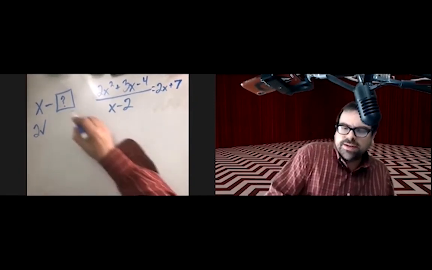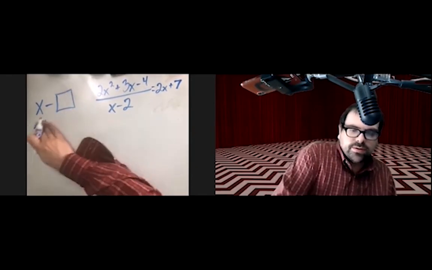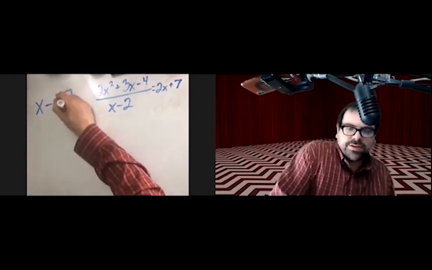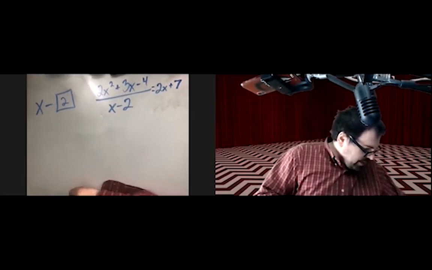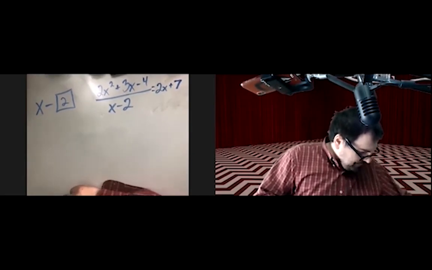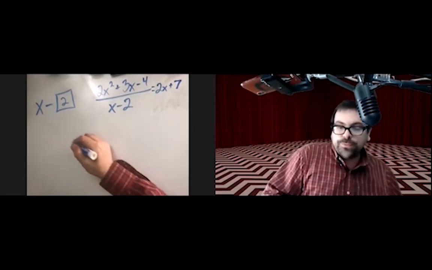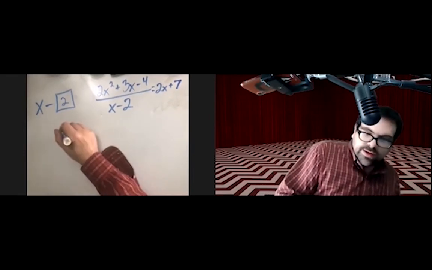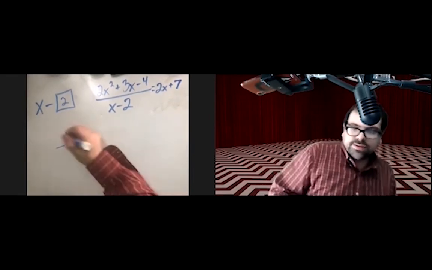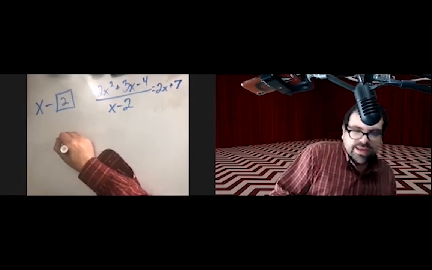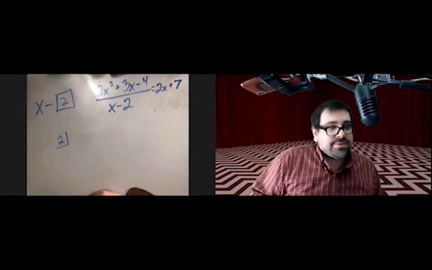So we're dividing by x minus what? We're dividing by x minus 2. The first step that we're going to do is we're going to create a little box, and we're going to put that 2 into the box.